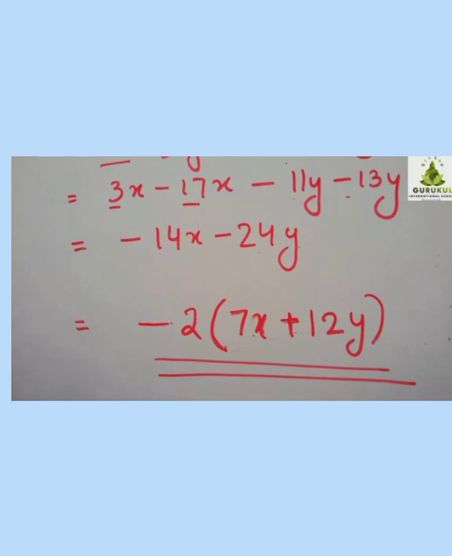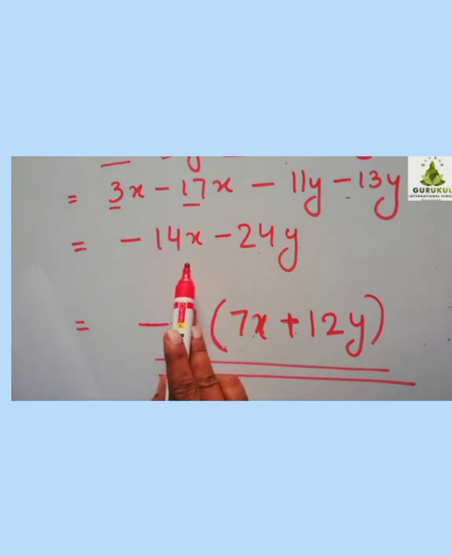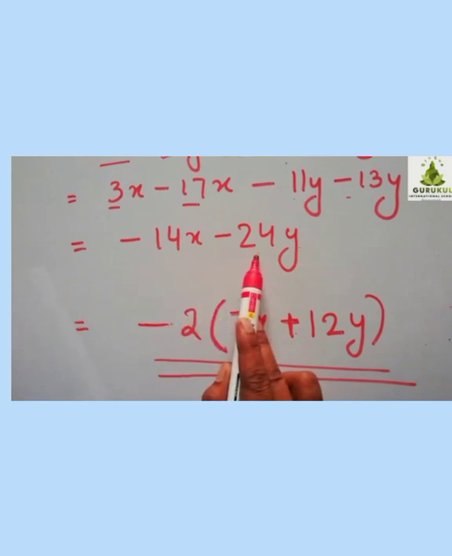So check the solution. In the solution given, 4 options are given to you. Which one is the correct one? You check first. Now the question is this one. 4th one is the correct answer. See the 4th one, minus 2 in the bracket 7x plus 12y. Is that clear? The second one also resembles, but see the numbers here. Minus 14x, the first term is correct, but the second term is wrong there.